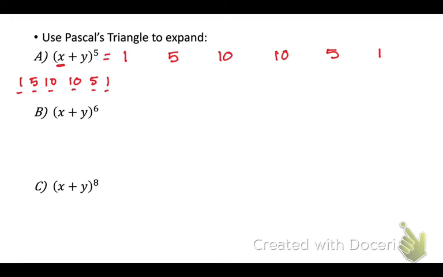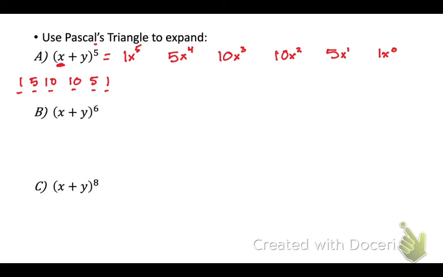You start at the 5 and go down. So our first term is x, so it'd be x to the 5th, then x to the 4th, x to the 3rd, x to the 2nd, x to the 1st, and x to the 0.